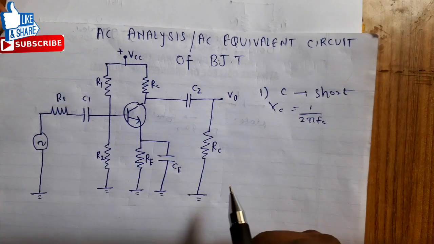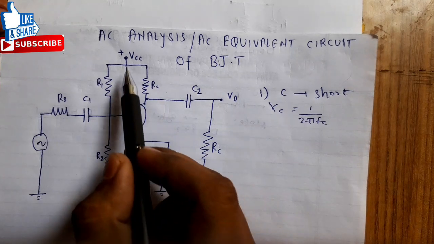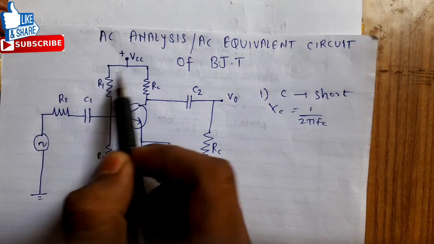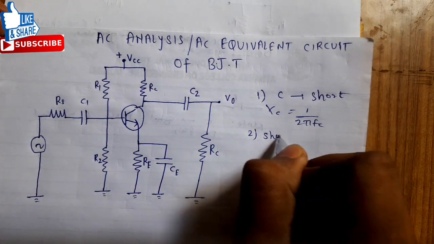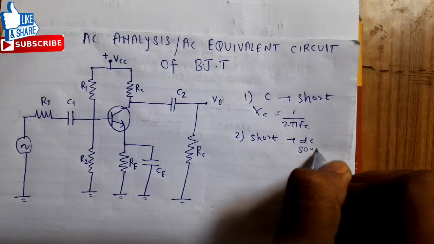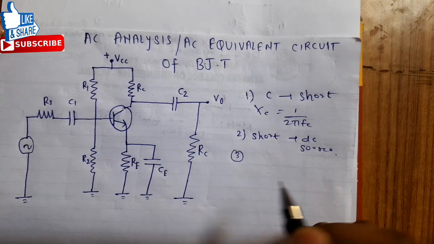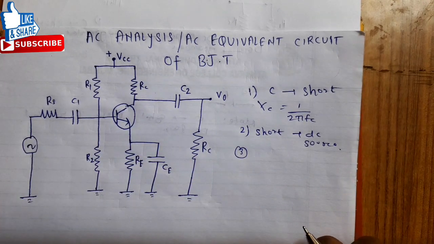The second point is we need to short circuit the DC source. Here there is only one DC source, so I have to short this. And the third point is we need to replace the transistor by an equivalent model.